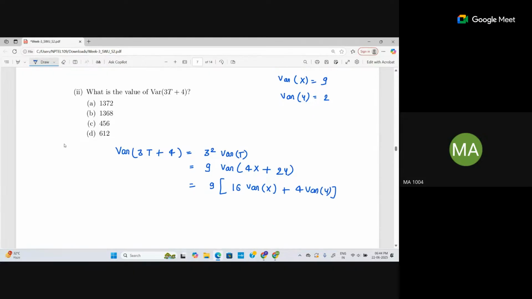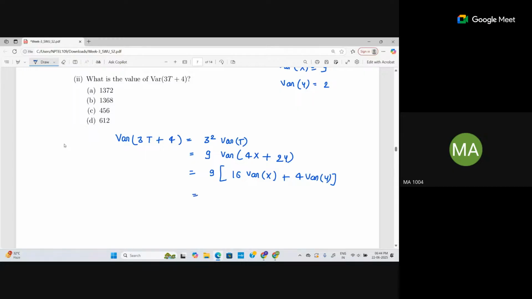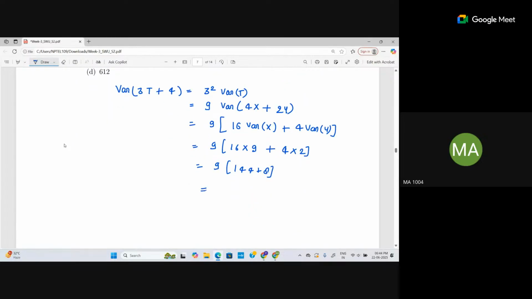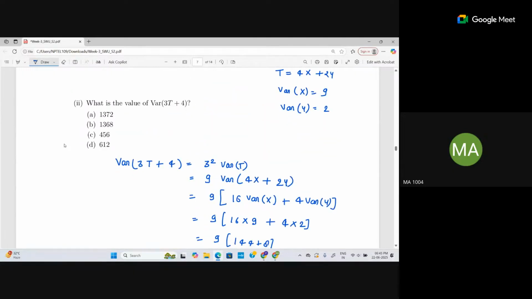Now we have all the values, we just have to put them in and we will get the answer. So 9, 16 into variance of x which is 9, plus 4 into variance of y which is 2. So after solving, it will become 1368, which means option number B is correct.